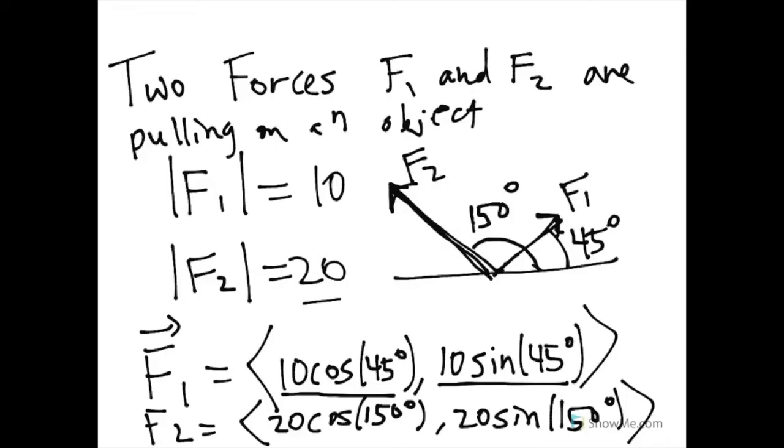Let me put it in a different color over here. The object is going to end up somewhere over here, because it's pulled more in the F2 direction than the F1 direction because of the stronger force, but it's going to be somewhere in between those. If you think about copying and pasting this vector over here, there's your F1 vector. Remember, it doesn't have to start at the origin.